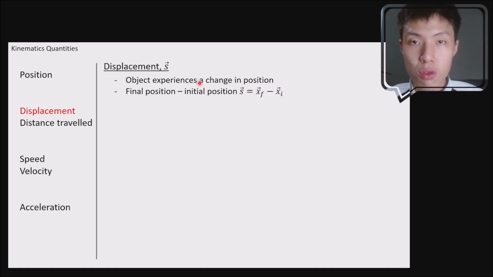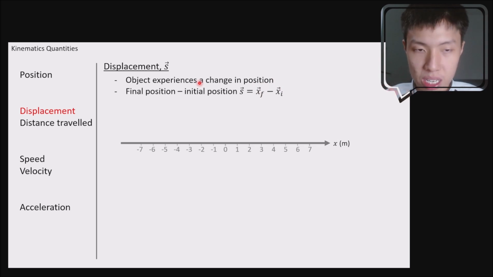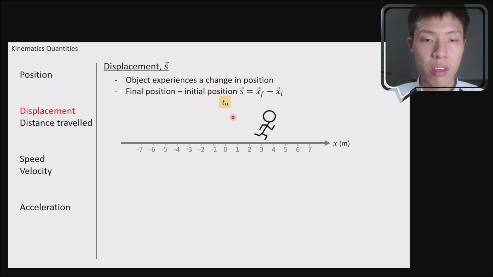Okay, so we are going to use back an example. It's a motion in the x dimension, and at time 0 you have a person standing here. Then this person starts to run. When time starts, it runs towards this point, which is x equals 4 meter. Then after that it makes a U-turn.